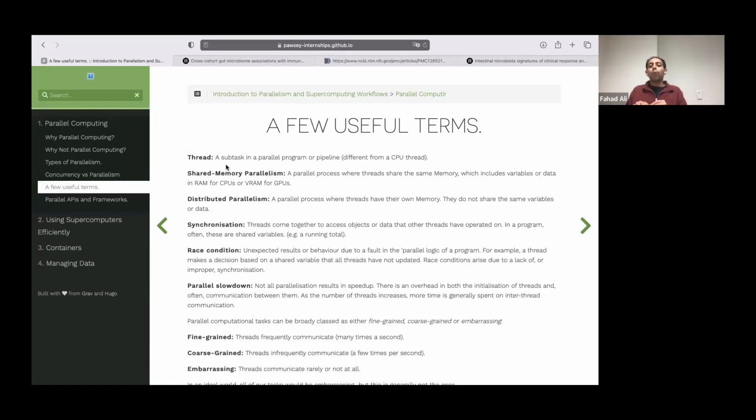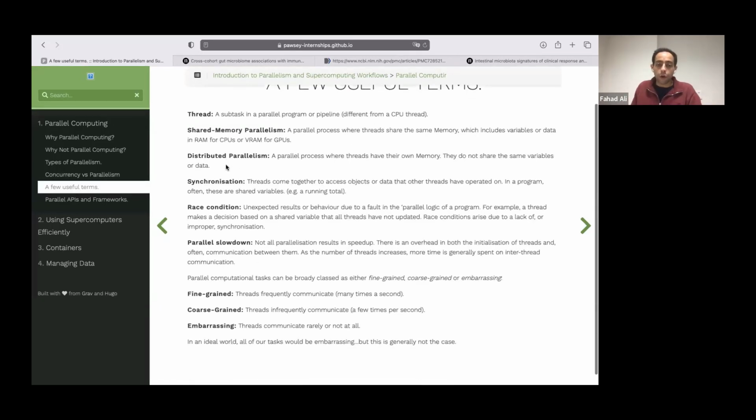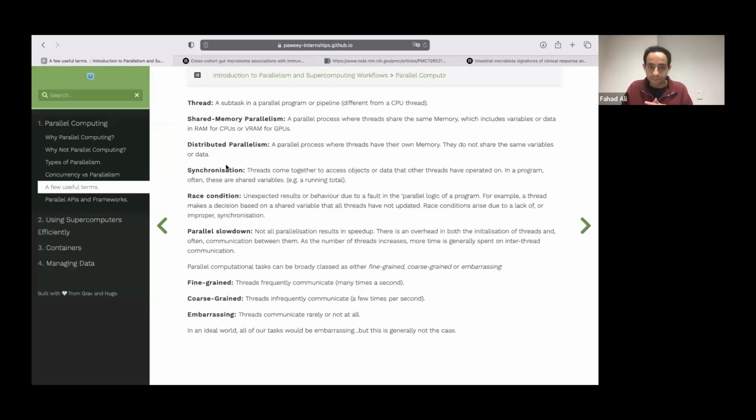Now, we're looking at two issues with parallelization. One is the race condition, and one is parallel slowdown. A race condition is basically an issue with the underlying parallelism, where if you have the synchronization out of sync, you might get unexpected behavior, or you might get an error or some fault.